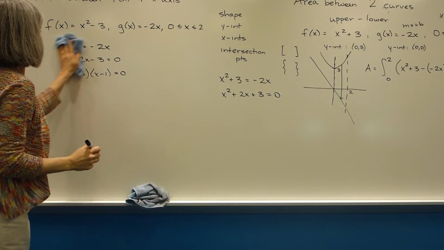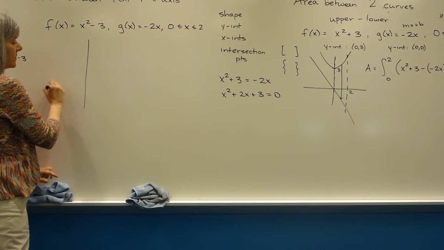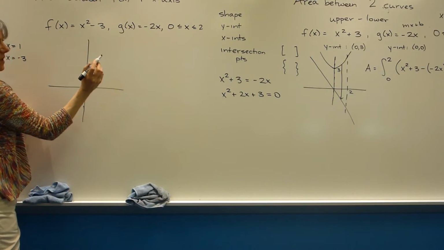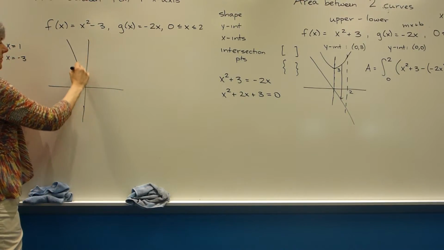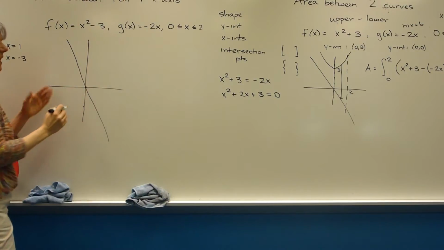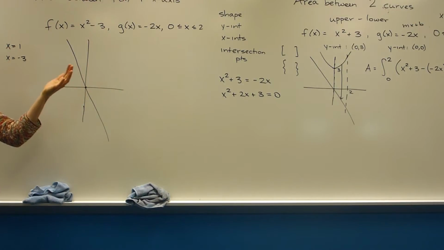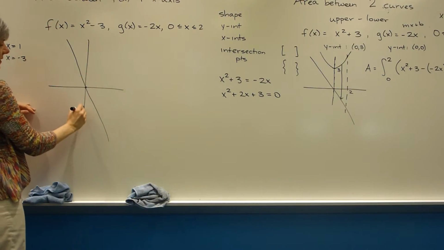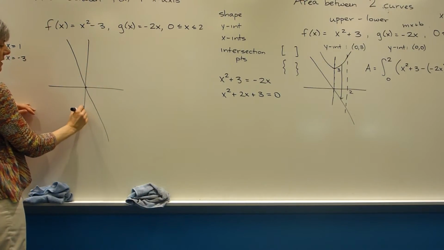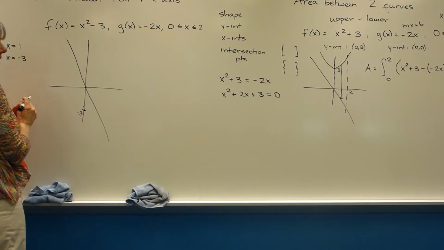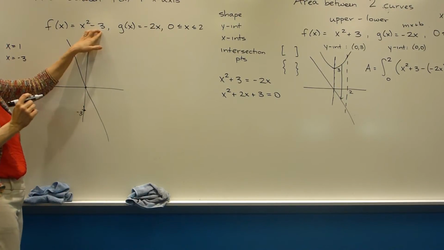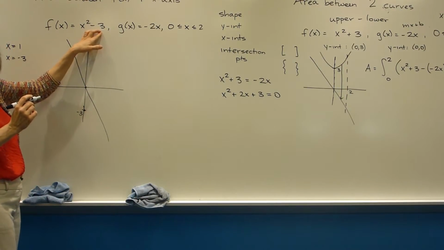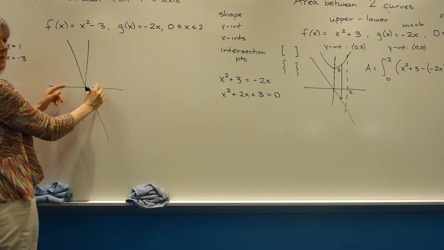All right, so let's start graphing. The line still looks something like that. I gave it a little bit of a steep slope because it's negative 2, so a little bit steeper than 1 to 1. And then I know it goes down here, goes through at negative 3. And x-intercepts, plus and minus square root of 3, so somewhere over here.